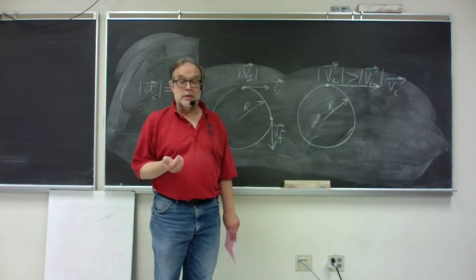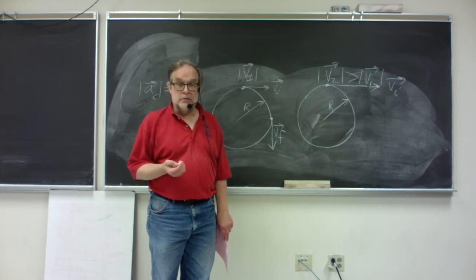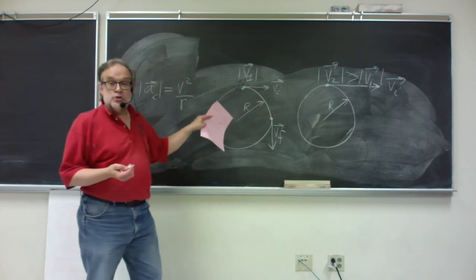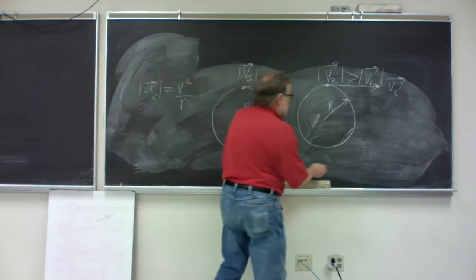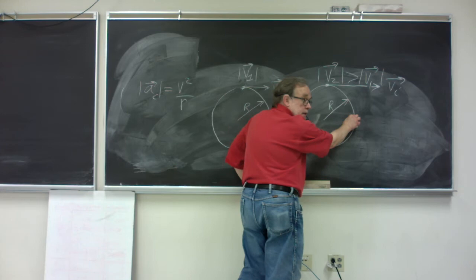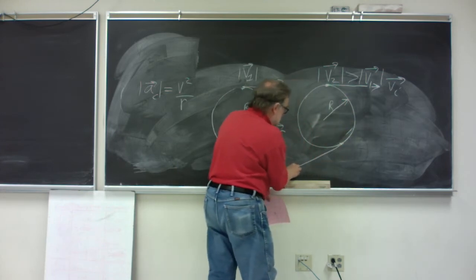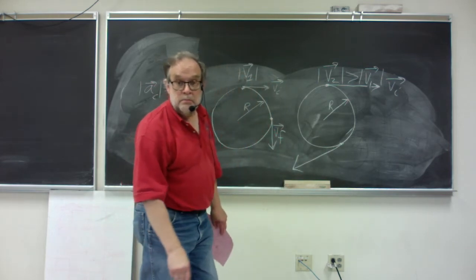But now, since it's going at a higher speed, and we're watching it for the same length of time, it'll go farther around the circle than this one did in the same amount of time. So let's say instead of getting this far in that amount of time, it goes this far in that amount of time. So the final velocity would look like that.